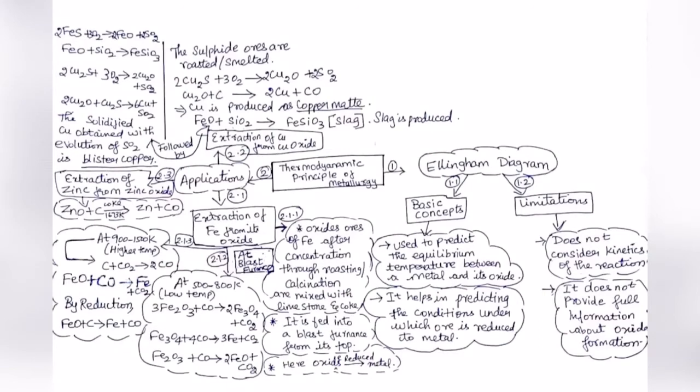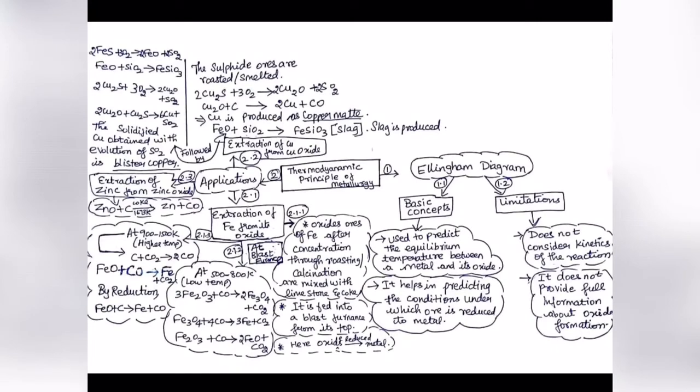Then another process occurs at high temperature, from 900 Kelvin to 1500 Kelvin. Here carbon plus carbon dioxide gives carbon monoxide. Then FeO plus CO gives Fe plus CO2. By the reduction process the iron oxide is converted into the metal, iron.